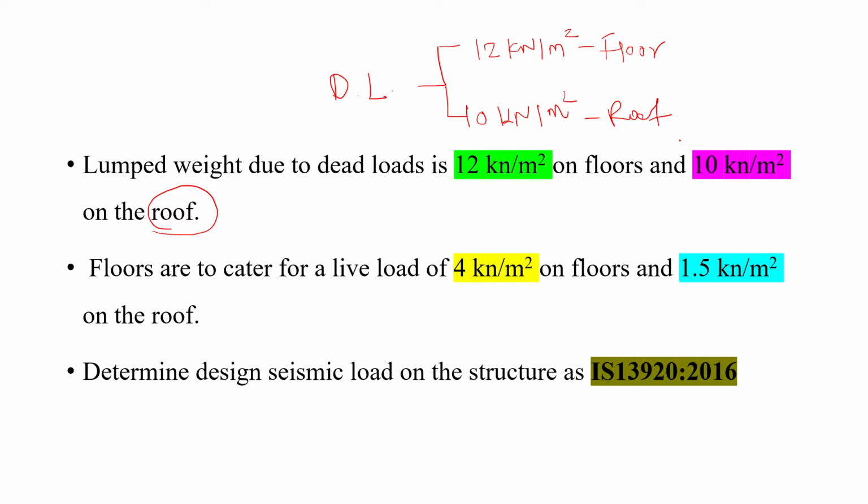Similarly, the live load is 4 kilonewton per meter square on the floors and 1.5 kilonewton per meter square on the roof. Okay, so these are the loading conditions.